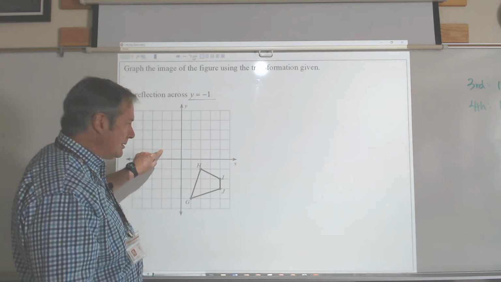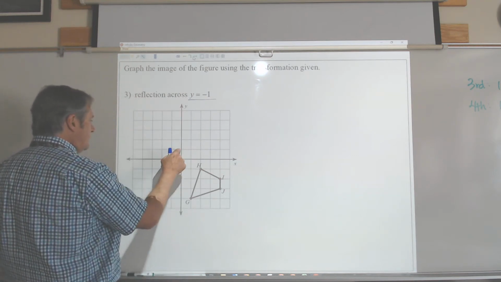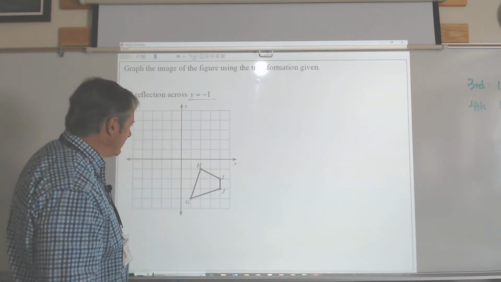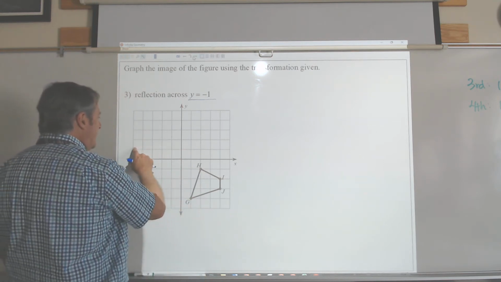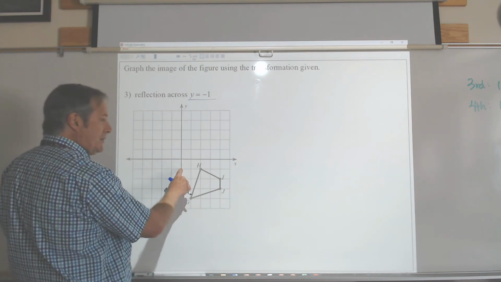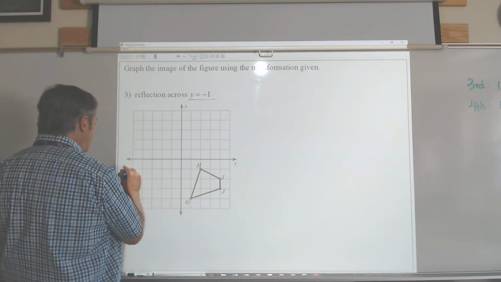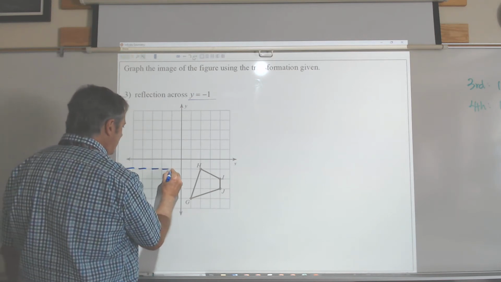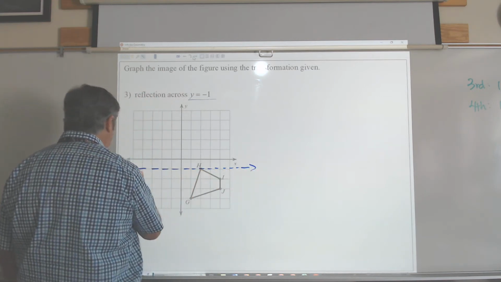Here I mess up a lot. Fortunately, I catch myself. That's the positive one. All right, where's -1? Down here. Is that -1 on the y-axis? Yeah, so in other words, here is the y equals -1 axis.